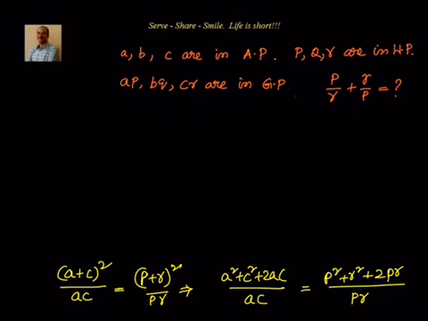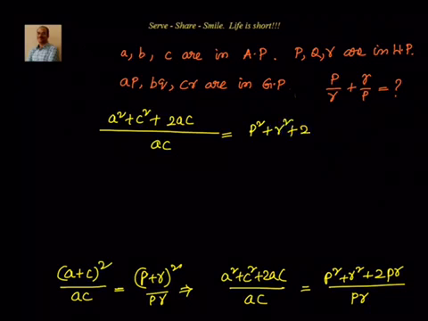Next step I'll write down, I'll have A square plus C square plus 2AC divided by AC is equal to P square plus R square plus 2PR divided by PR. Now let's divide with each of them separately.